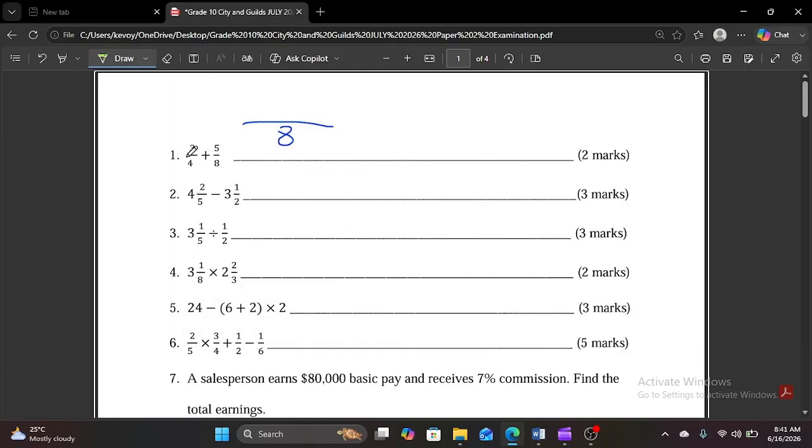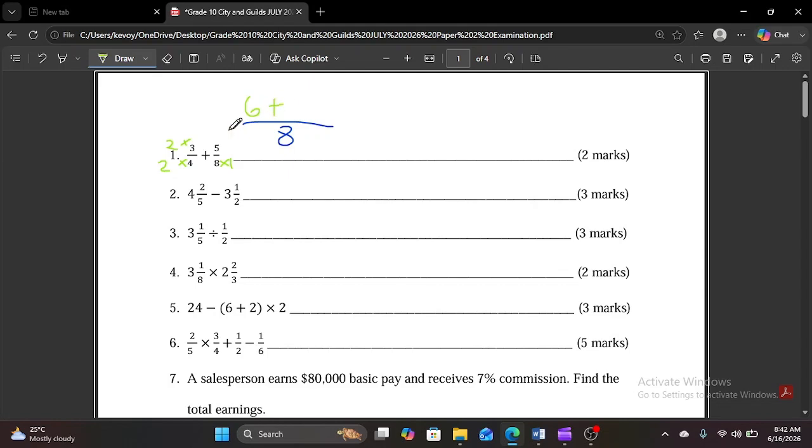The reason is, if you multiply 4 times 2, you get 8. If you multiply 8 times 1, you get 8. Anything you multiply at the bottom, you have to multiply at the top. So if you multiply the bottom by 2, you have to multiply the top by 2. So 2 times 3 is going to be 6.